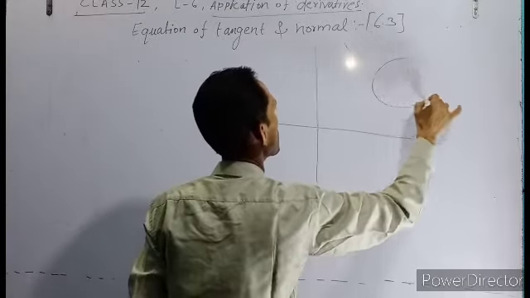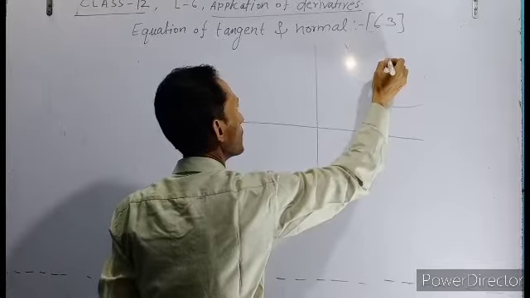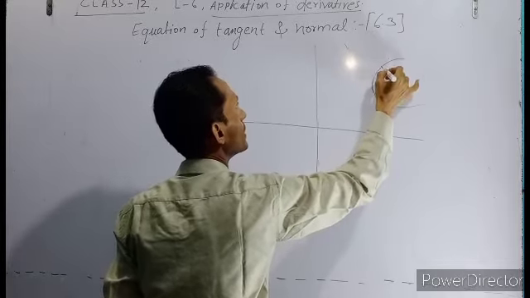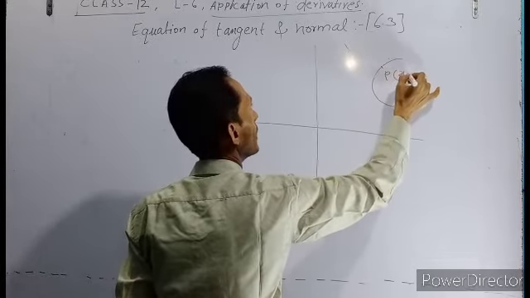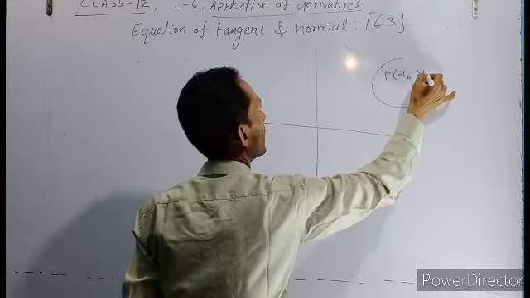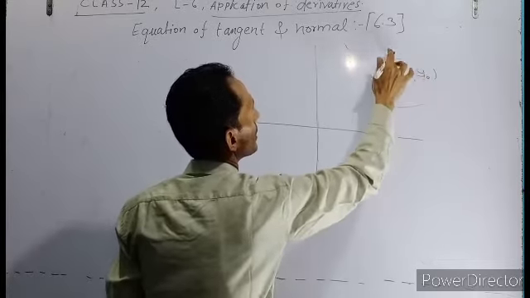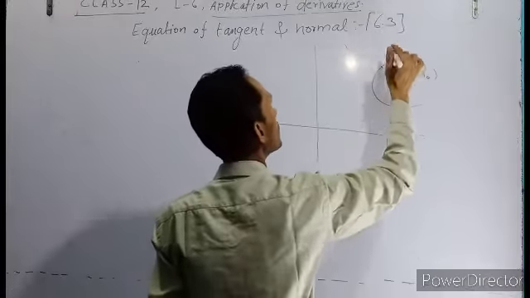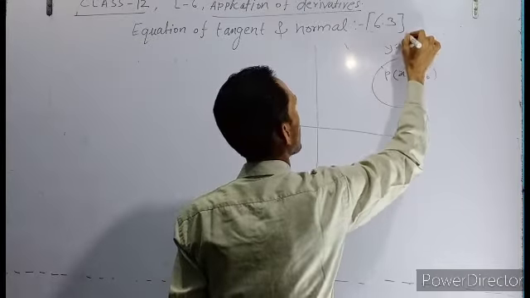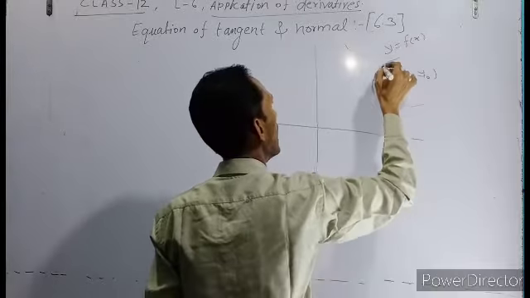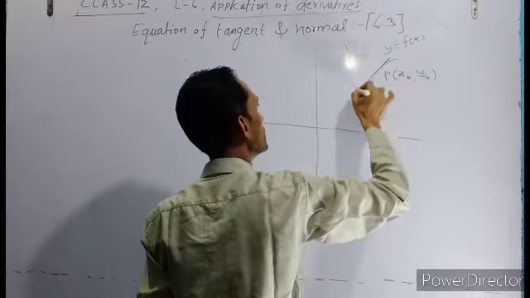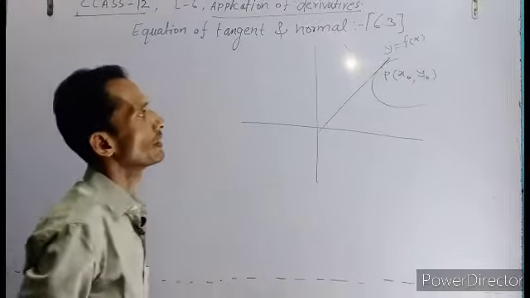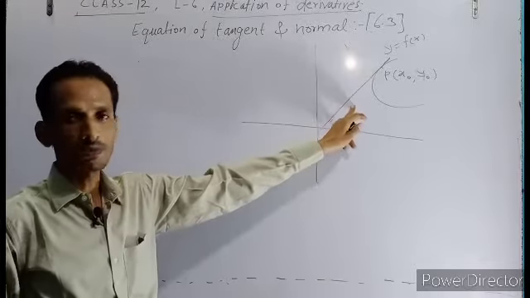Suppose this curve is given, and that is the point (x0, y0). That is the point P, and the curve is y equal to f of x, and we have to draw the tangent and find its equation.